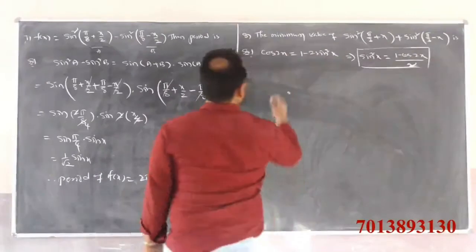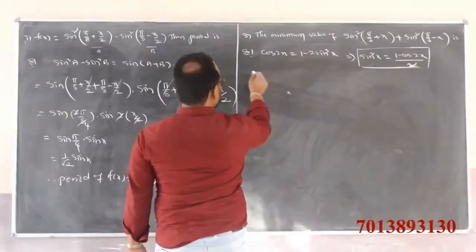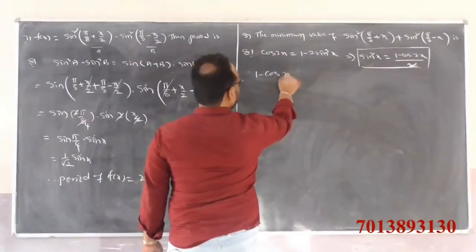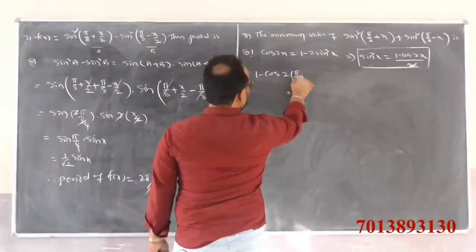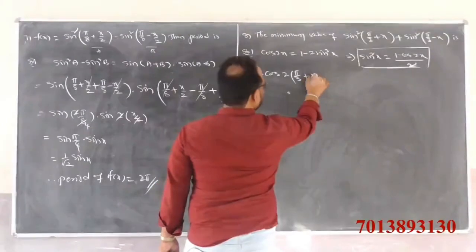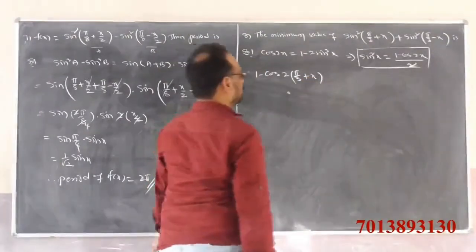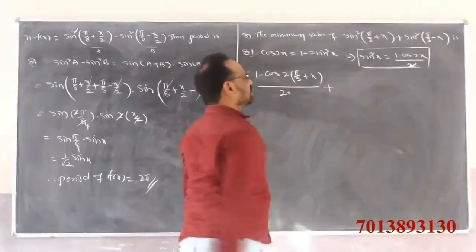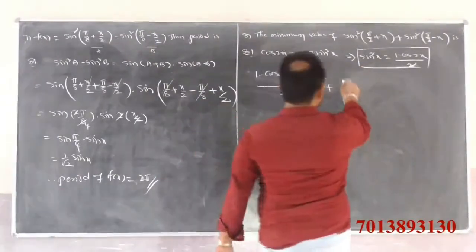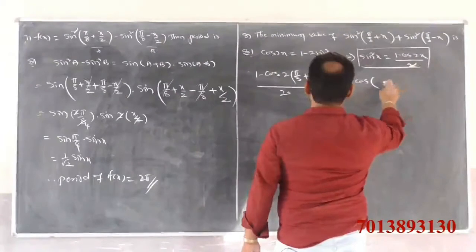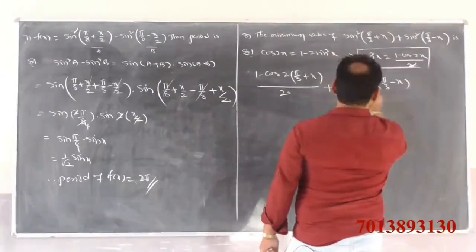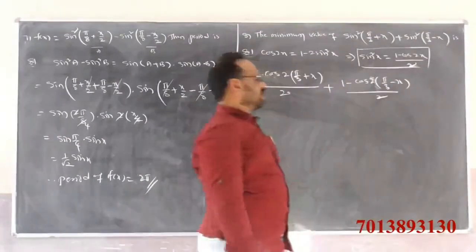So sin square (pi by 3 plus x) is (1 minus cos 2 times (pi by 3 plus x)) by 2, plus here also sin square (pi by 3 minus x) is (1 minus cos 2 times (pi by 3 minus x)) by 2.